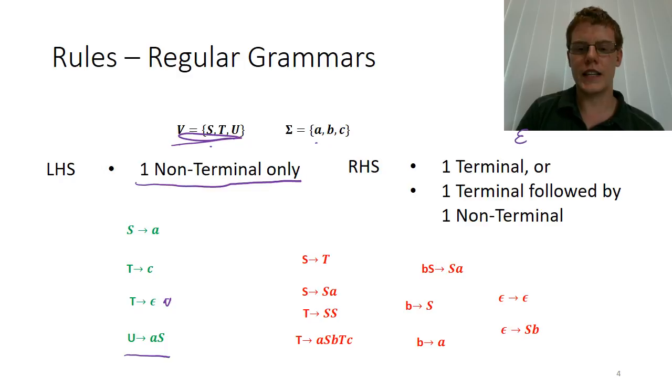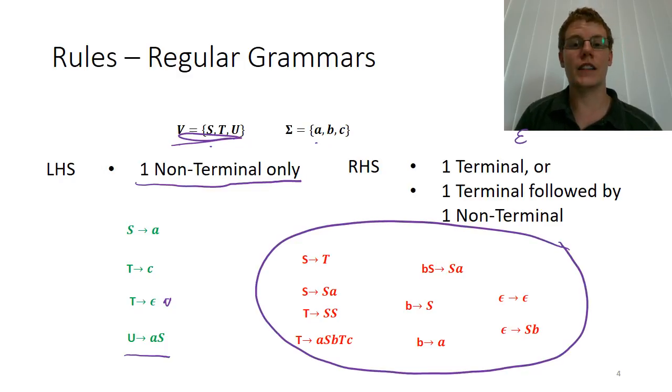All of the things here on the right are invalid rules, so we can't have these in a regular grammar. Things such as anything with a single non-terminal on the right, single non-terminals followed by a terminal, multiples of non-terminals, or any sort of complex combination of terminals and non-terminals that doesn't fit one of these two rules.